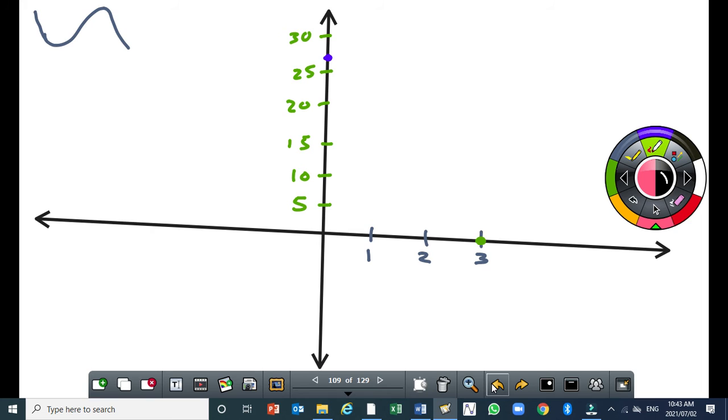Let me put my point of inflection first. My point of inflection is at x equal to 3. Remember this is where x is 3, y is 0. What that means is, there is a possibility that this graph might only have one x-intercept, which is going to be this point here.